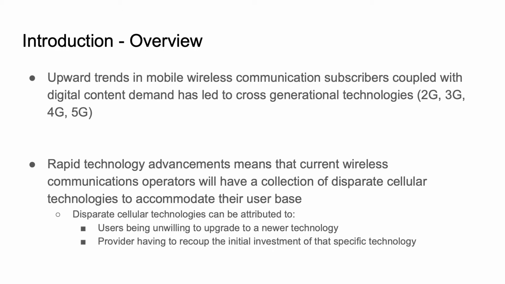So their user base will be a collection of 2G, 3G, 4G, and 5G customers. And these disparate cellular technologies can be attributed to certain users being unwilling to upgrade to a newer technology, or the provider having to recoup the initial investment for that specific technology.